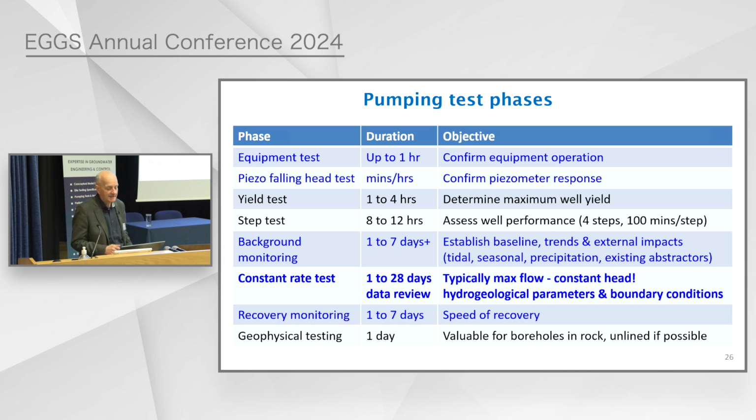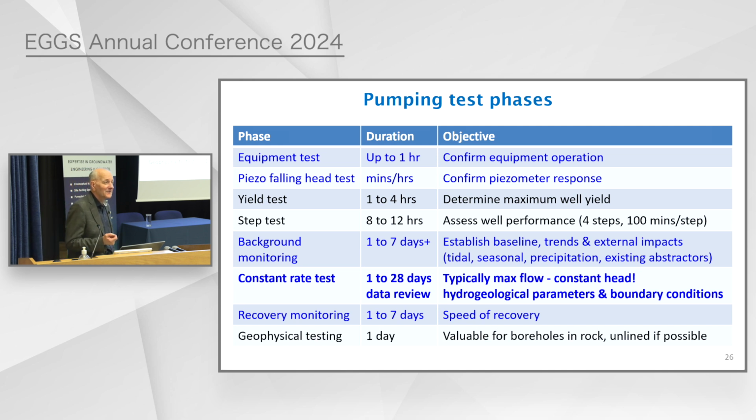I mean, test periods, 1 to 28 days. I think in reality, 3 to 5 days usually tells you pretty much everything you need to know. So that's my recommendation. And recovery, always worth monitoring recovery. Dewatering systems run 7 days a week, 24 hours a day.